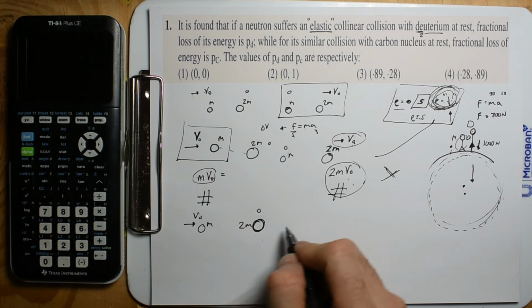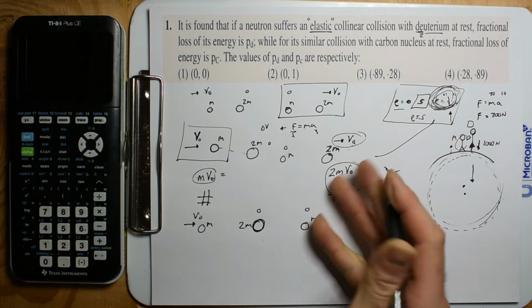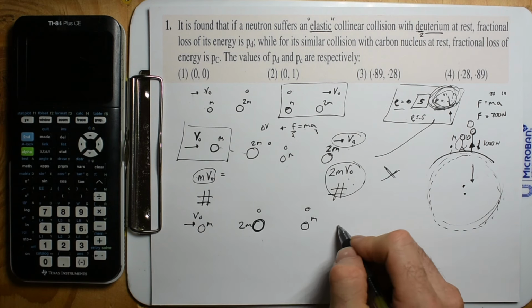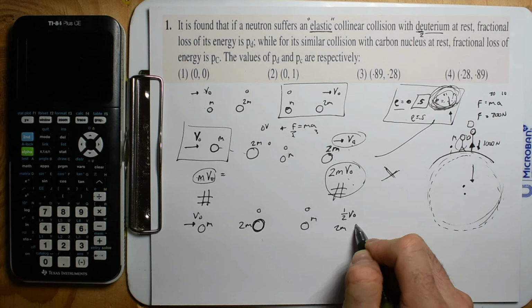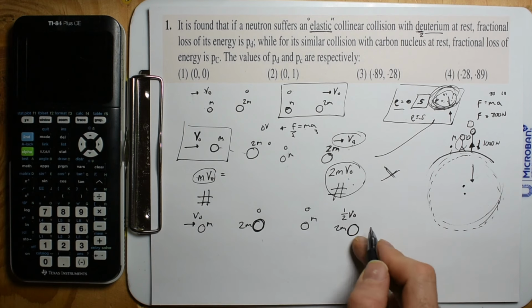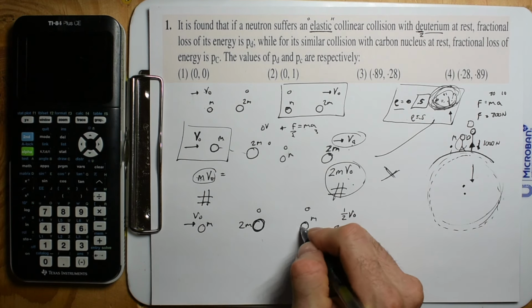We're just going to say, hey, this mass of 1 stops again. But then this mass has a velocity of just 1/2 v naught. So we have 2m with a velocity of 1/2 v naught. And it seems like we're doing pretty good here.